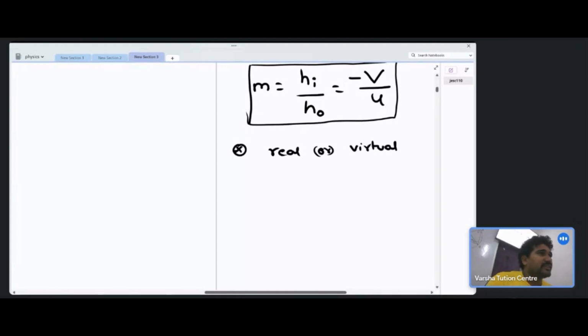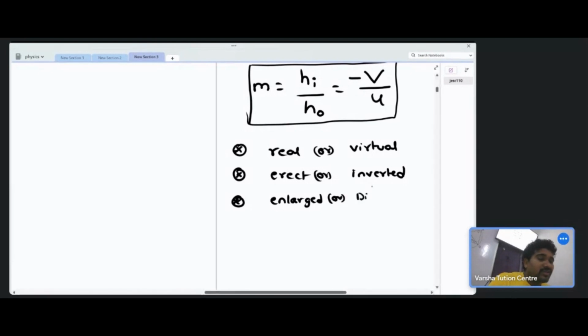We have to tell that first. Next, we have to tell erect or inverted. The third one is enlarged or diminished. Clear now? Enlarged or diminished, we will tell.